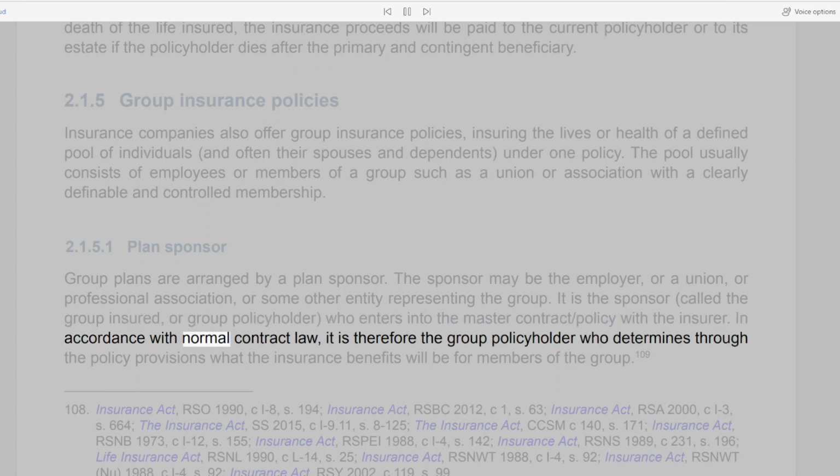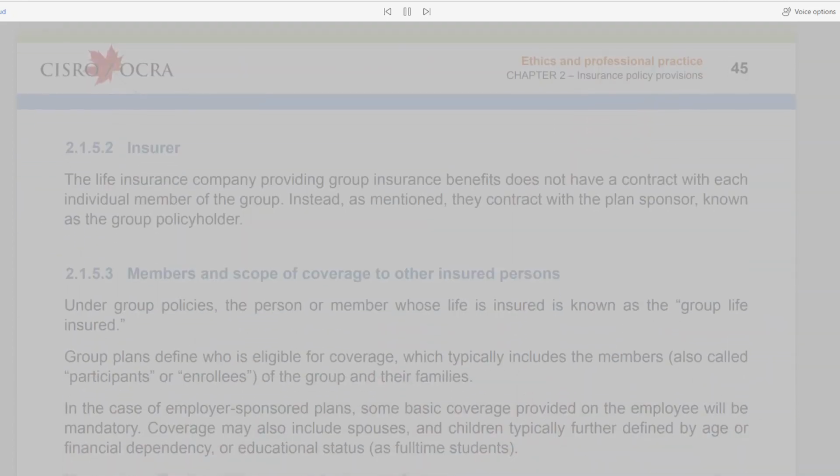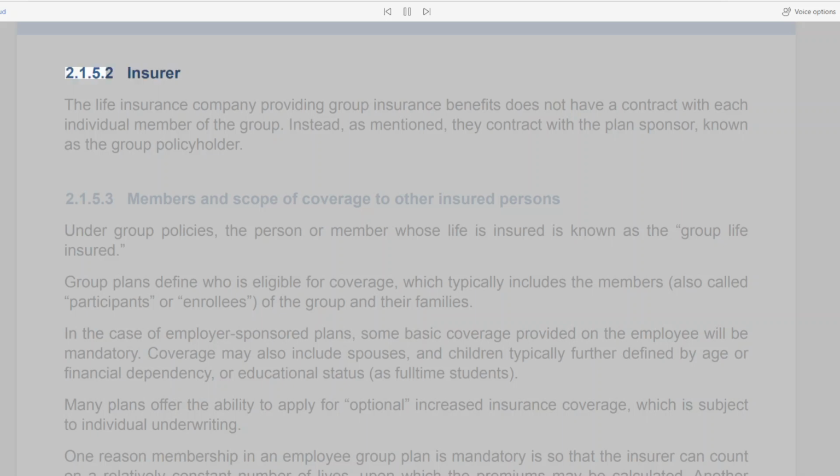In accordance with normal contract law, it is therefore the group policyholder who determines through the policy provisions what the insurance benefits will be for members of the group. 109. 2.1.5.2 Insurer. The life insurance company providing group insurance benefits does not have a contract with each individual member of the group. Instead, as mentioned, they contract with the plan sponsor, known as the group policyholder.